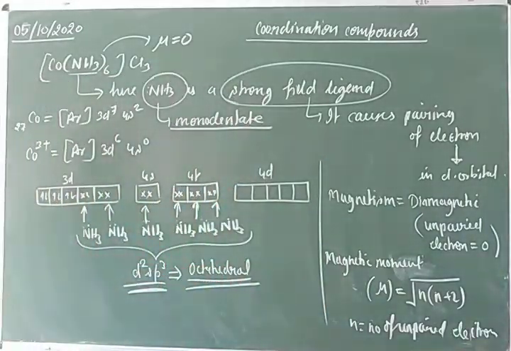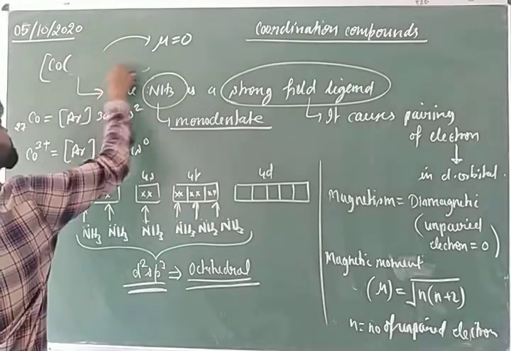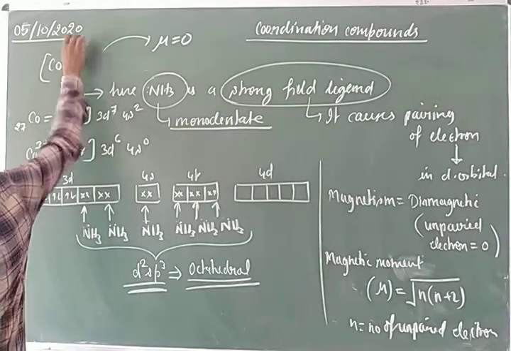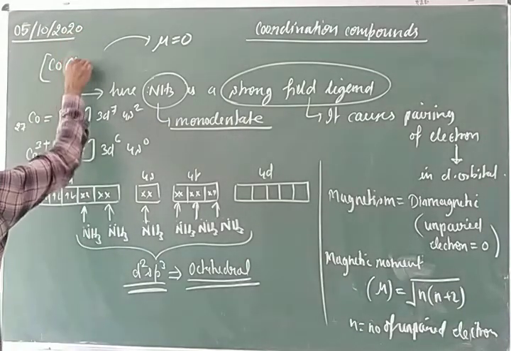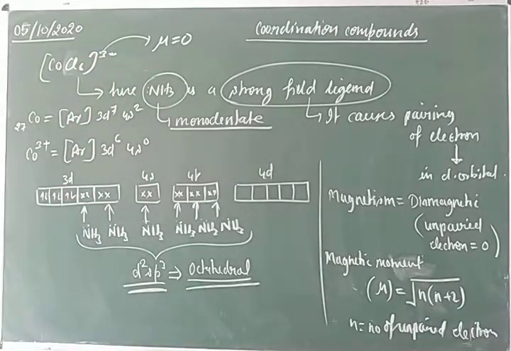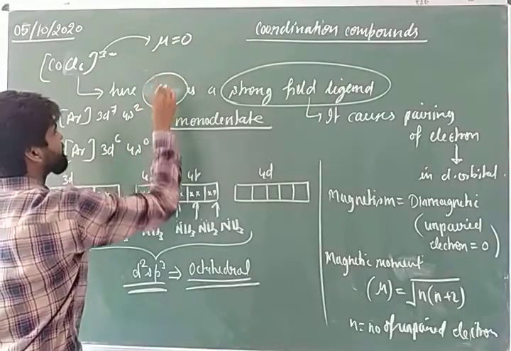But in case of a weak field ligand, suppose the complex is CoCl6 3 minus. Here you can see the chlorido ion.